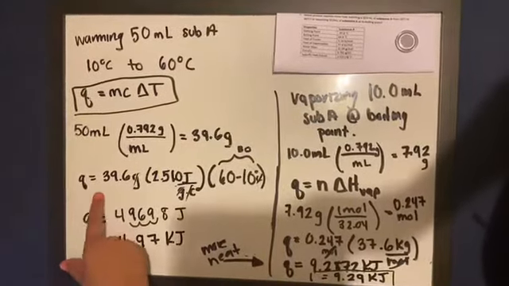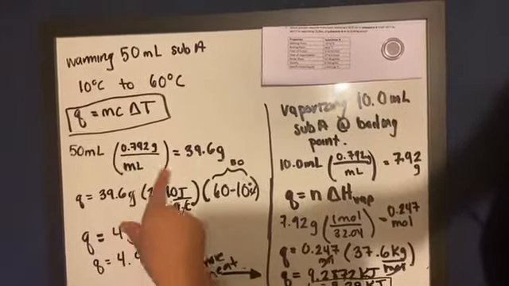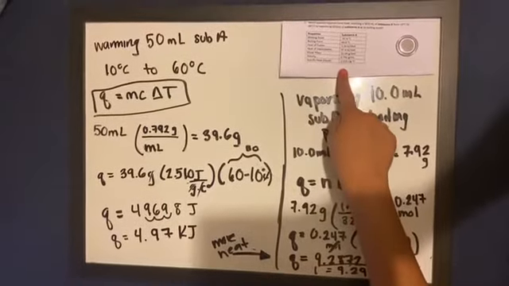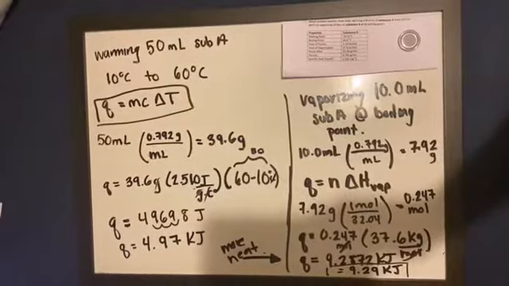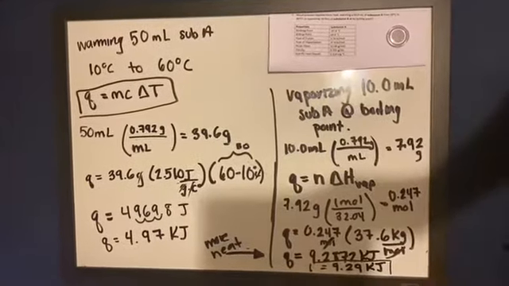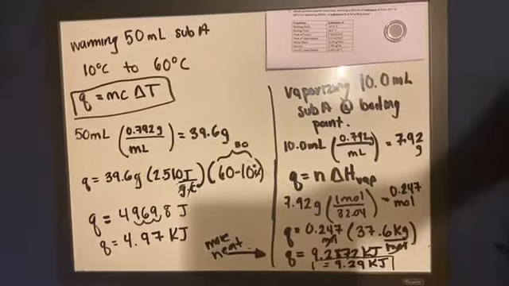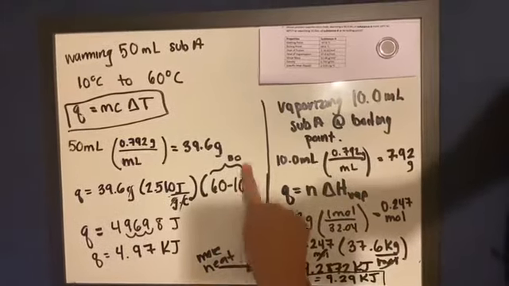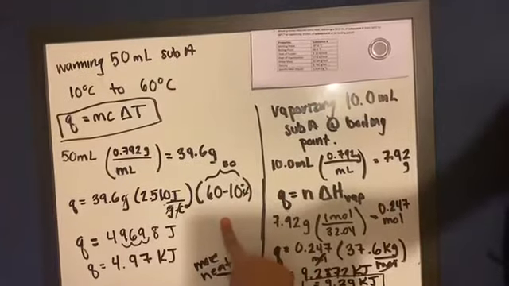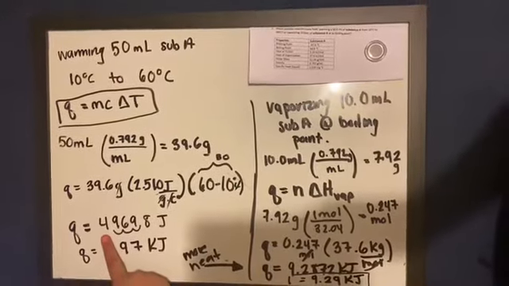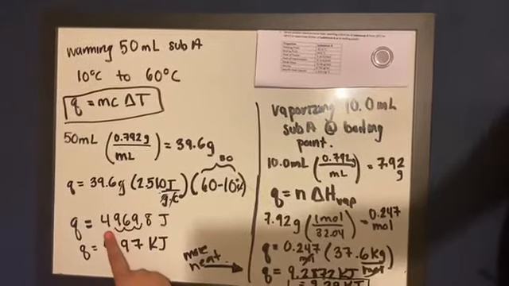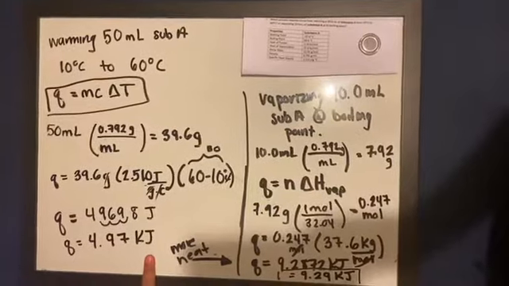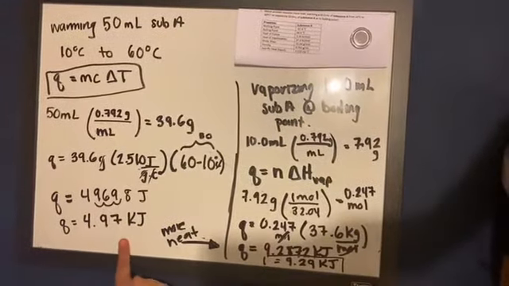So the mass is 39.6 grams, and the specific heat, after looking at the conversion, is 2.5010 joules divided by grams times Celsius, and then the change in temperature is 60 minus 10, which is 50. After plugging this into your calculator, you get 4,969.8 joules, and you convert that into kilojoules, you get 4.97.